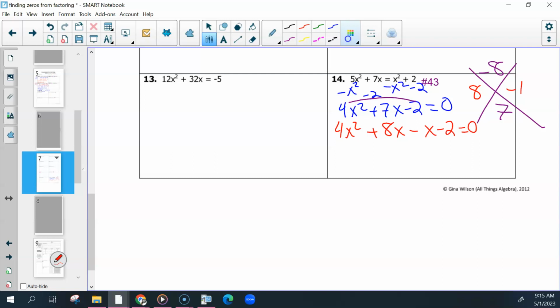Next step. You guys can say this out loud. What did you say on this side would be? 4x. What would be left?